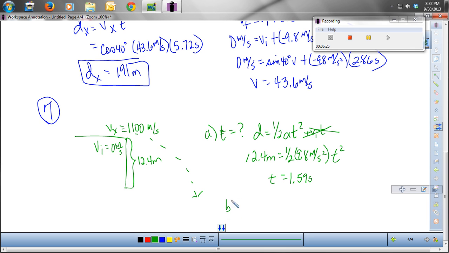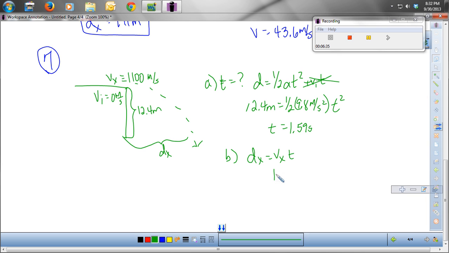And then part B says, where does it land from the base of the cliff? So dx equals vxt. dx was 1100. T was 1.59 seconds. So when I multiplied vx times t, I got 1750 meters.